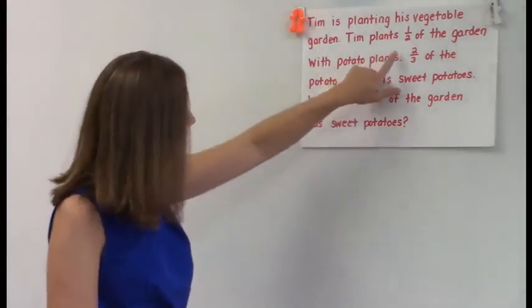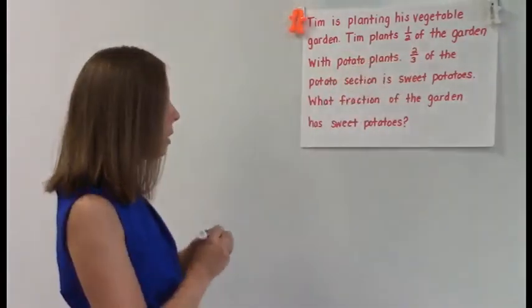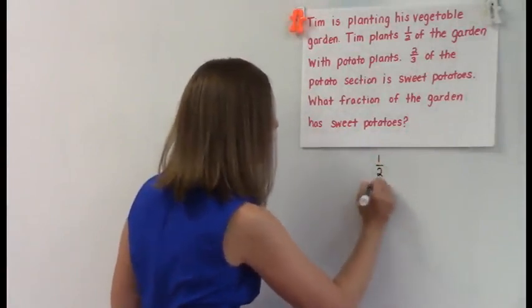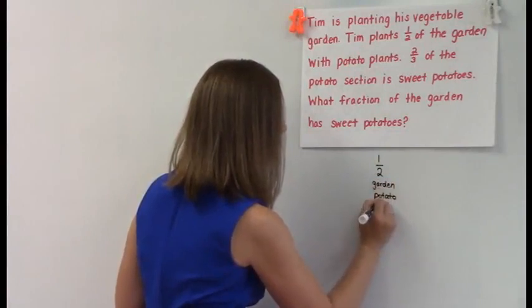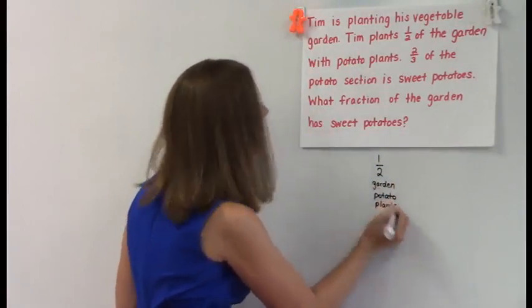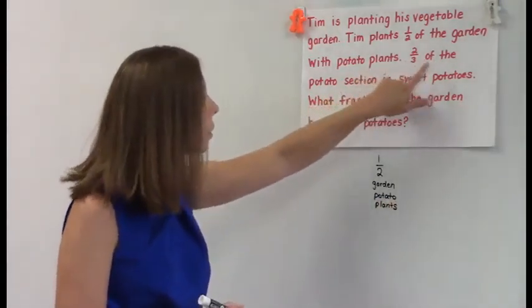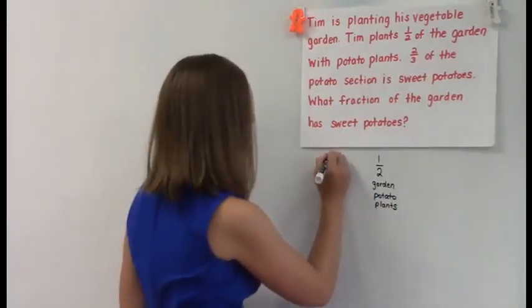First of all, I see that he is planting 1/2 of his garden with potato plants. So I'm going to go ahead and record that. And then I see that 2/3 of those potatoes are sweet potatoes.